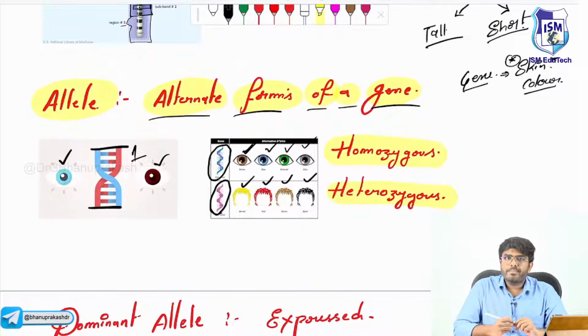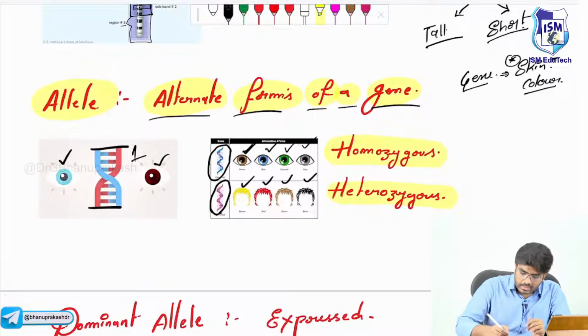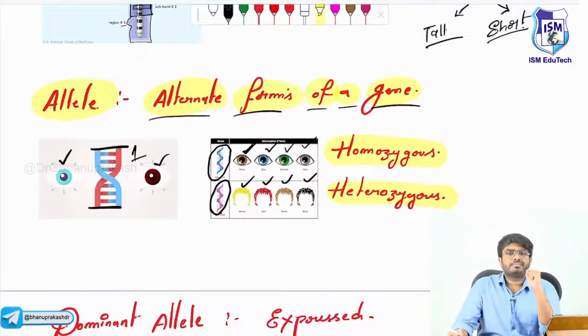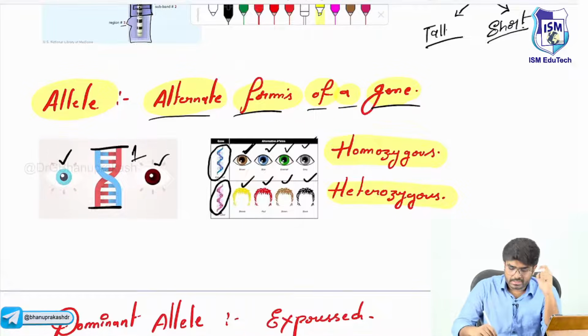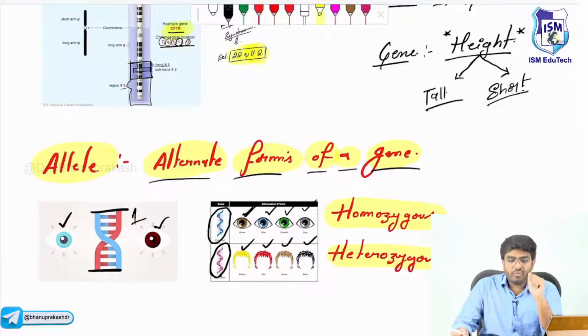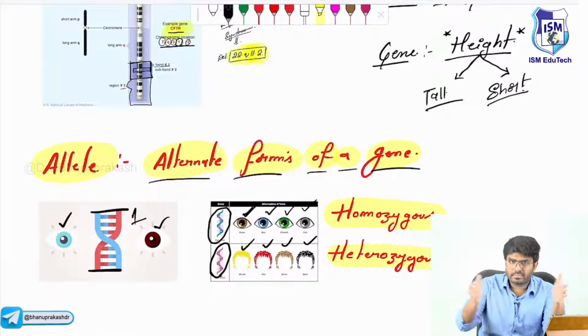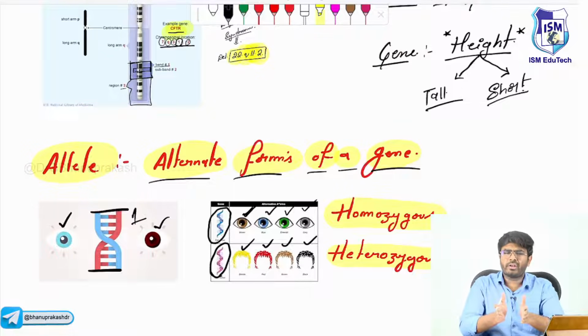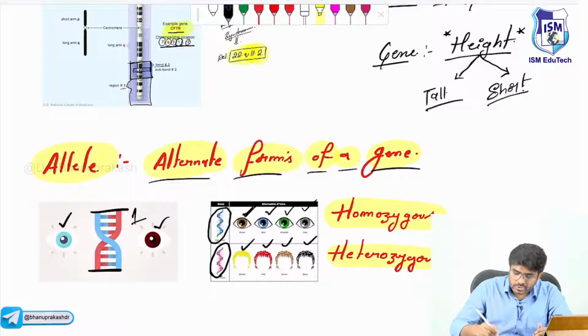Imagine my alleles, for example. For a height gene, how many alleles are possible? Two alleles are possible. What are they? Tall and short. Broadly, just generally classifying as tall and short. I'm leaving out the intermediate, like average.